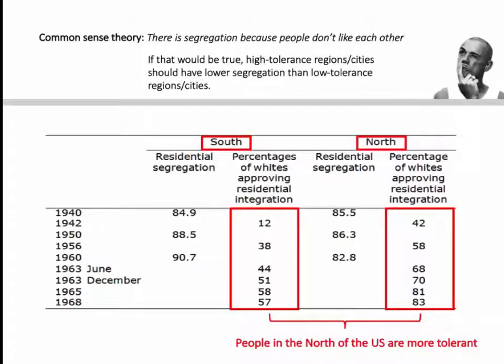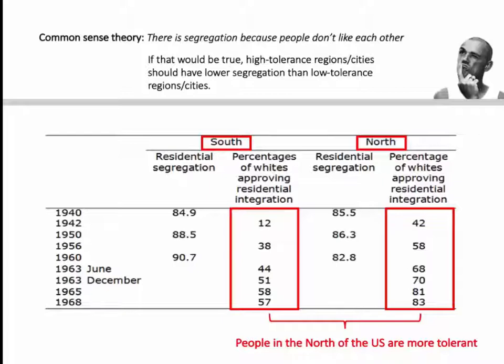Let's first compare the people from the south and the north. Remember this is directly after the war. The American Civil War is still far away, but still you could see a big difference in northern states versus southern states. What you see here is that the numbers in the north are higher than in the south, regardless of the time.